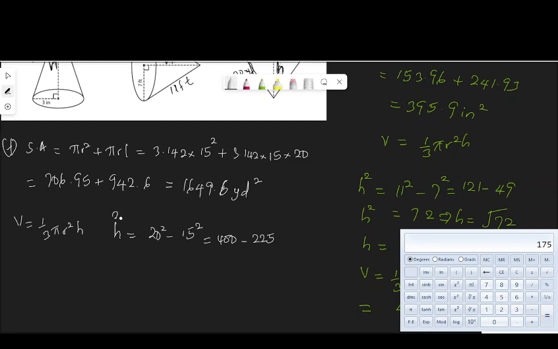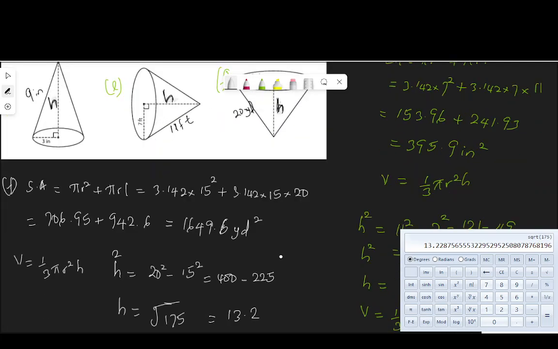So if this is supposed to be h squared, h will be the square root of 175. And square root of 175 is 13.2, approximately. 13.2 is the height of this cone.